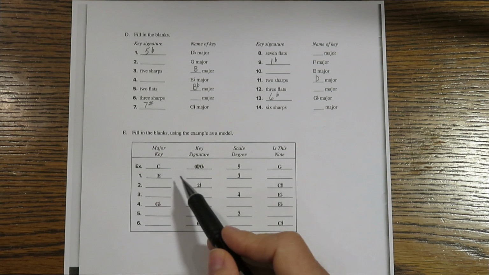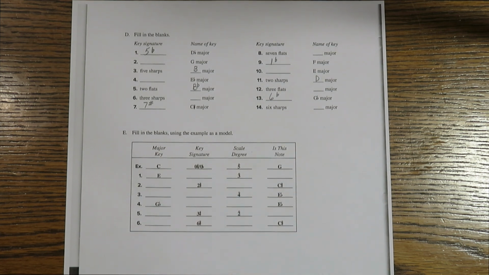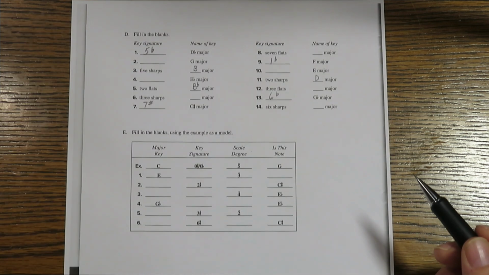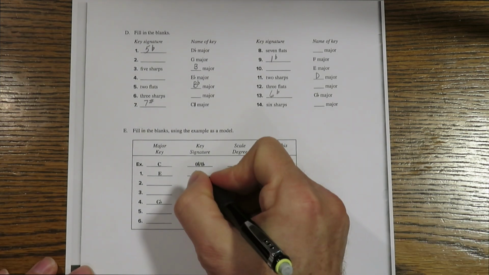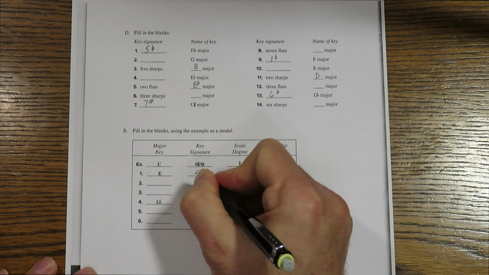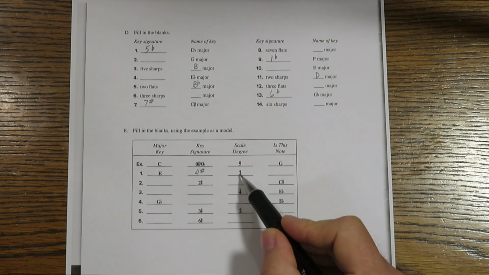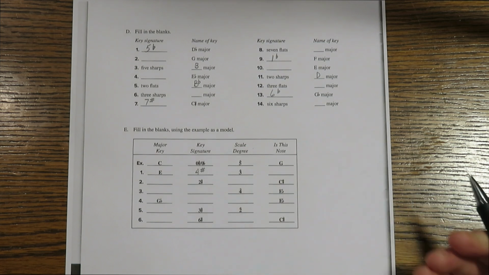So the key of E major. E major has 4 sharps. Scale degree 3 is what note?